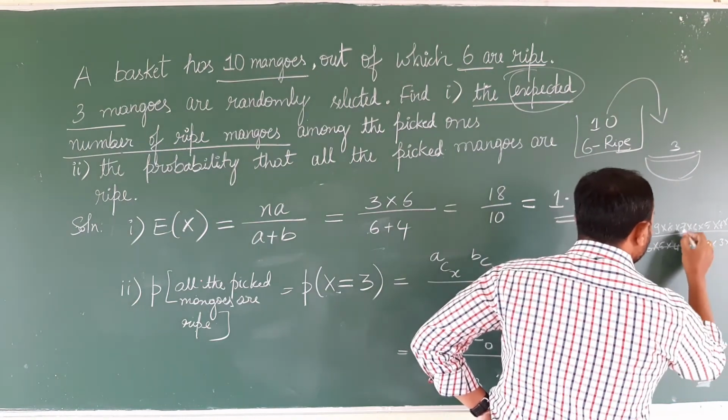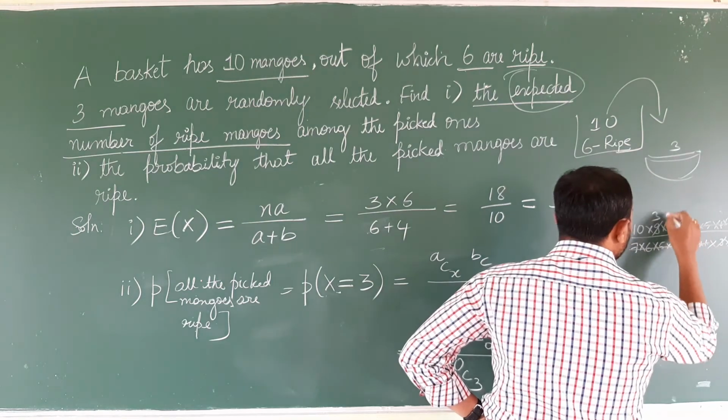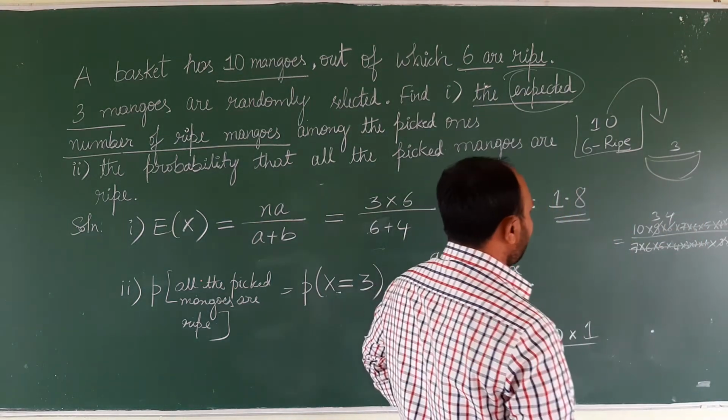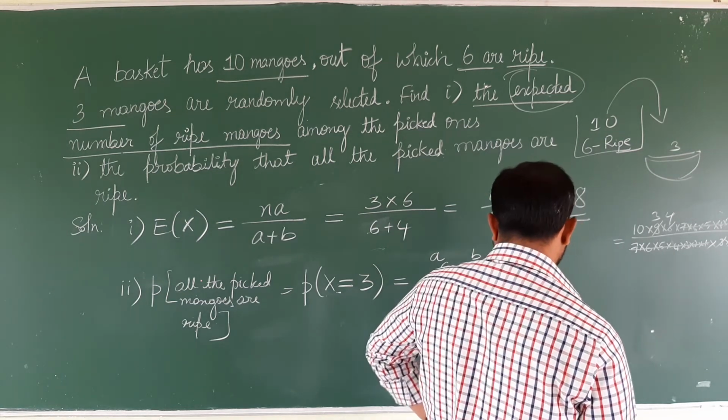So the 7 factorial gets cancelled. 3 ones are 3, 3 twos are 6, 9, 2 fours are 8, so 10 threes are 30, 3 fours are 12, 120.